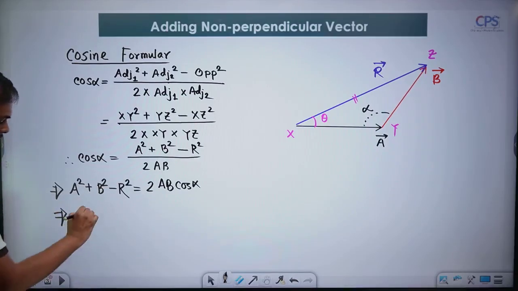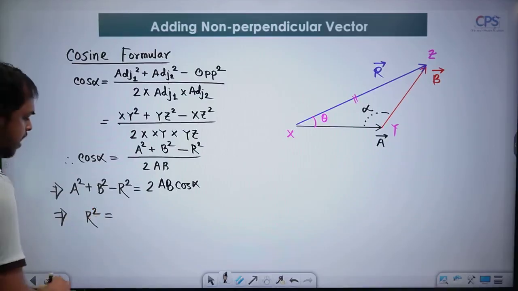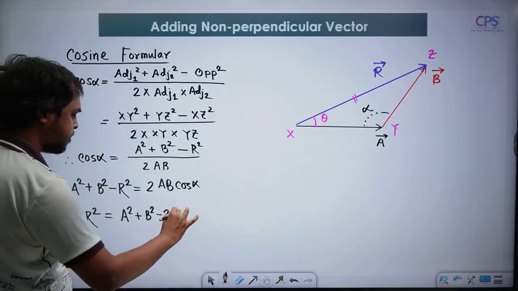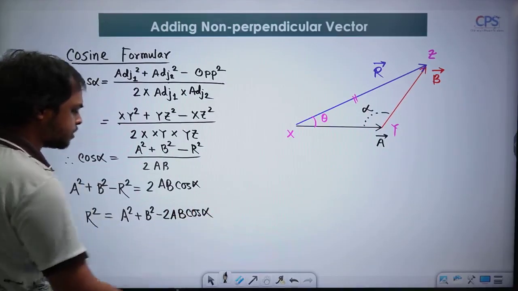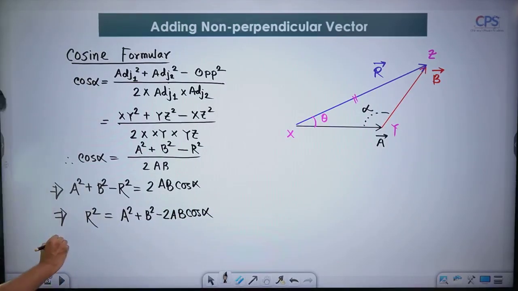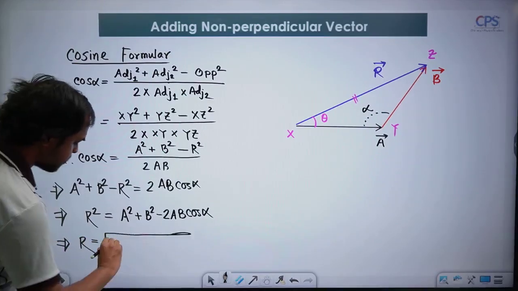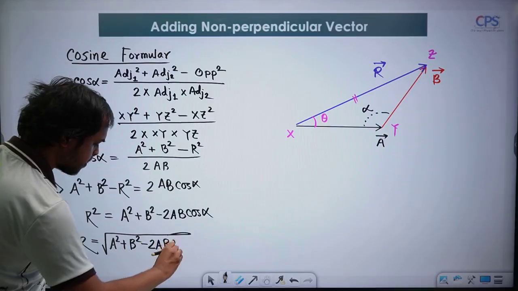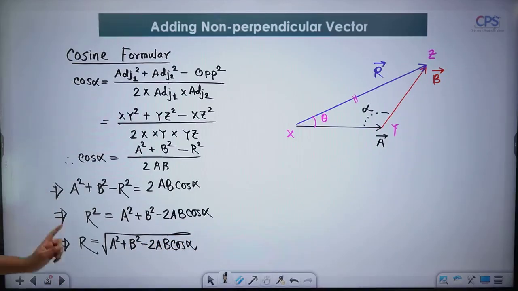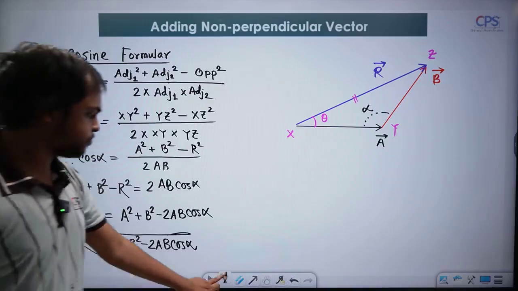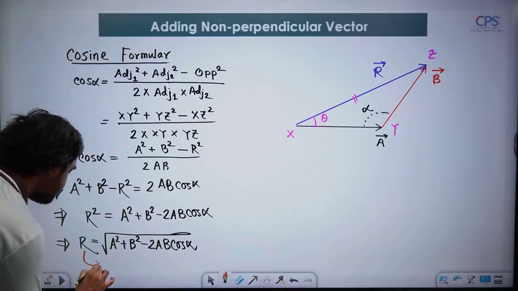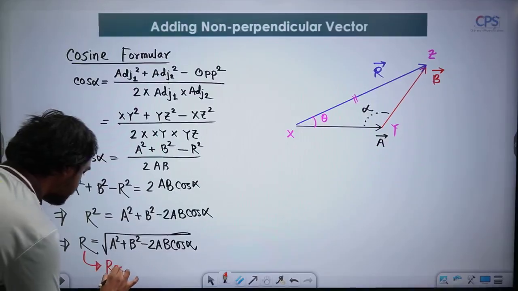Basically we need R, right? R square equals A square plus B square minus 2AB cosine of alpha. So we get R equals root over A square plus B square minus 2AB cosine of alpha. This is the value of the resultant.